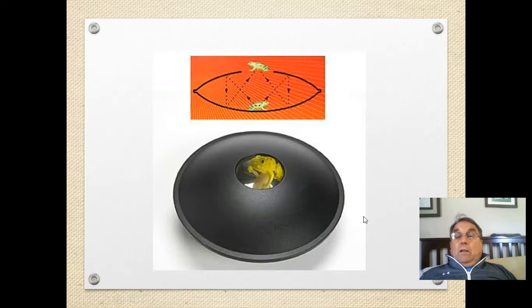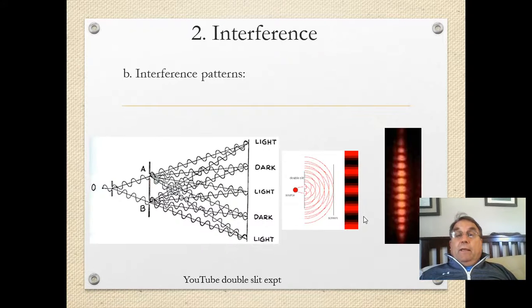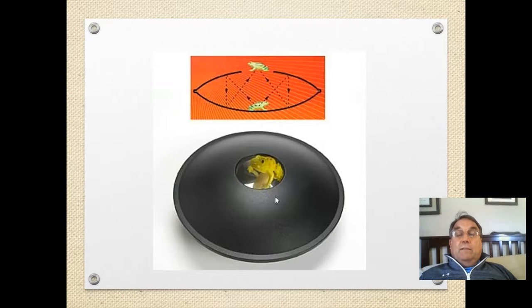Now, interference patterns can be pretty complicated, and much of the rest of the notes will look at that complicated. This was an interference pattern of a, gosh, what's the name of this object? Mirage mirror or something. You place an object. This is two concave mirrors, one here and one here, with an opening at the top. And then you put an object down here, in this case, a small model of a frog.